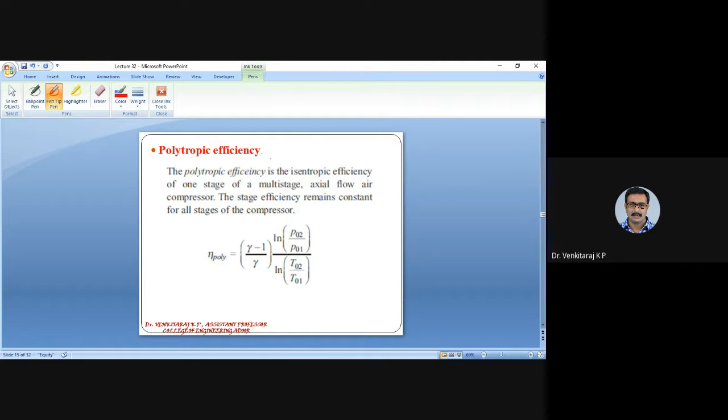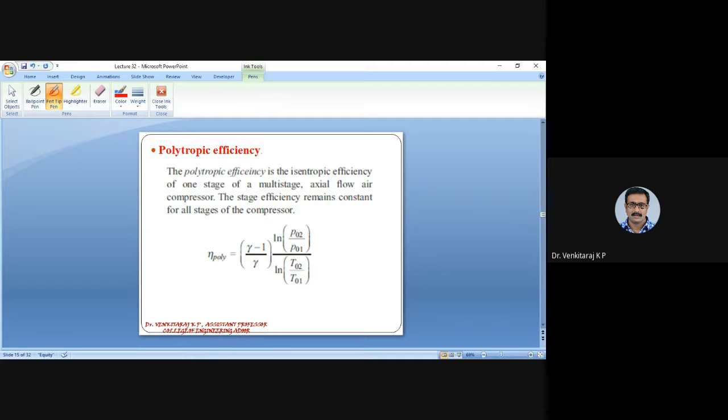Now let us see another efficiency term that is commonly used with the axial flow compressor. It is polytropic efficiency. As I already told, it is a staged, multi-stage compressor, the axial flow compressor. A stage means a set of rotor and stator blades; a combination of stator and rotor blade is called a stage.